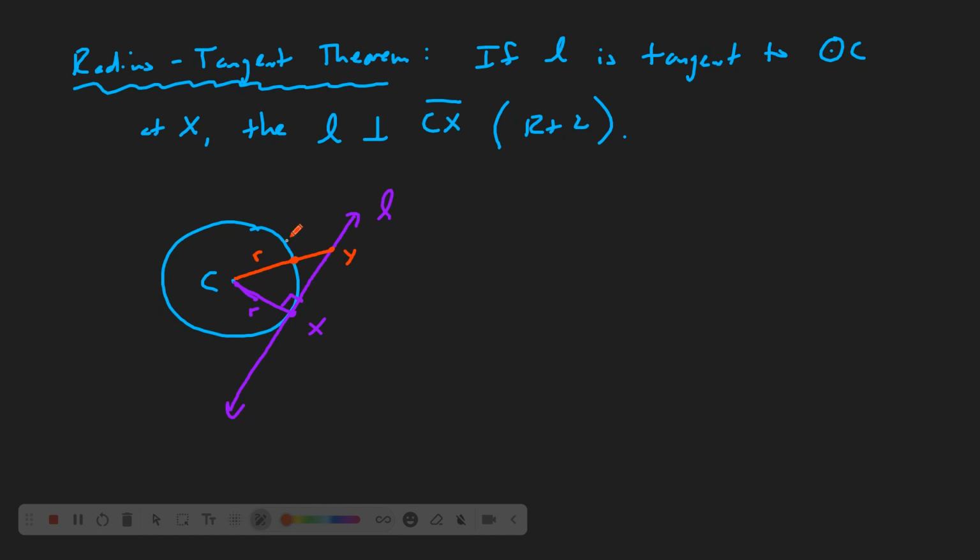Let's call this point Z. From C to Z, there's the radius, but from Z to Y, there's this other length. So this length of CY is actually R, the radius, plus ZY.